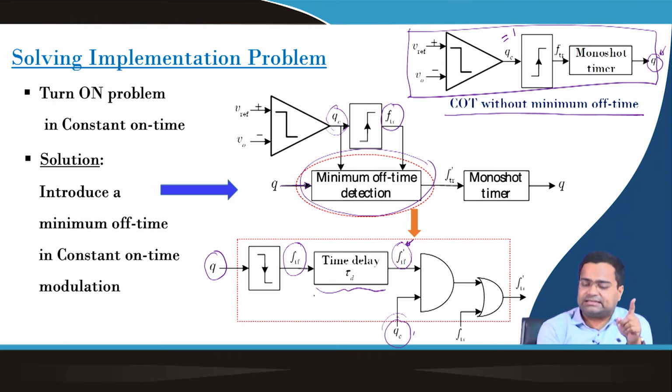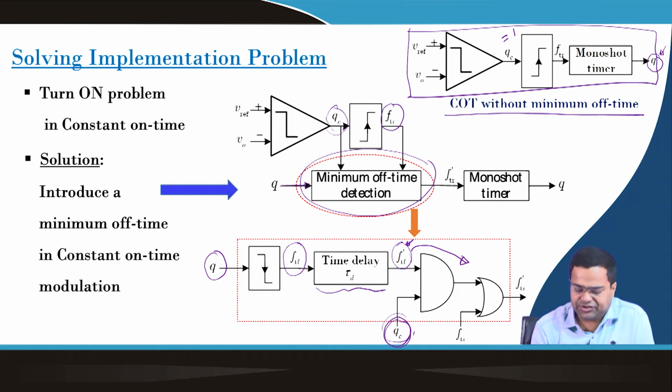During this time we want the switch to remain off. If this signal still remains high, then the output of this AND gate passes the delayed falling edge trigger pulse, which is ANDed with the trigger pulse which was coming from here.